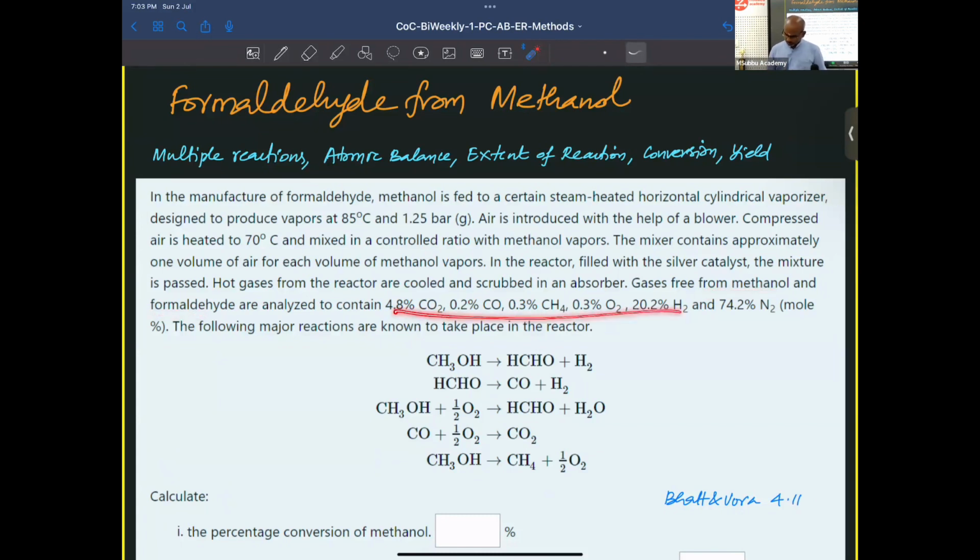Okay, we have this composition of these gases, namely CO2, CO, CH4, O2, H2, N2. These are all non-condensable gases, whereas methanol and formaldehyde can be easily condensed. That's why these are not included. Otherwise, this non-condensable gas composition is available.